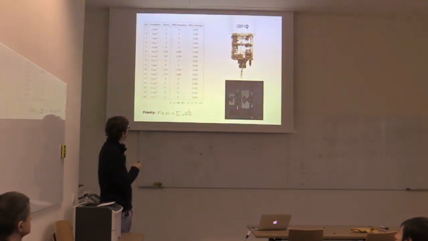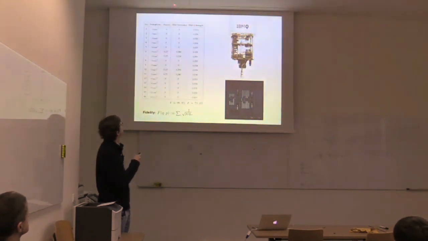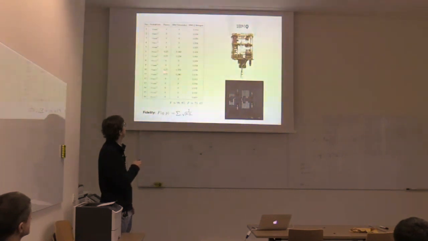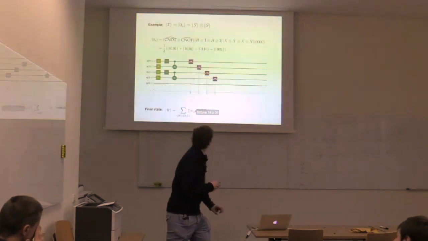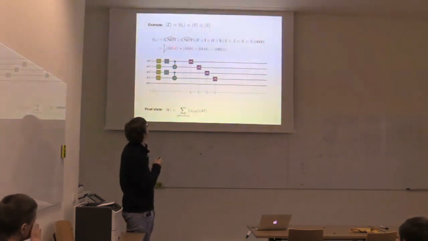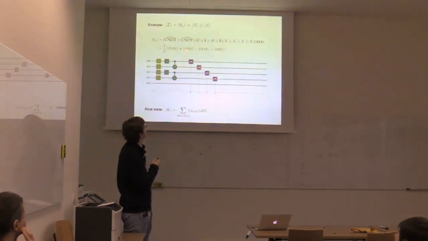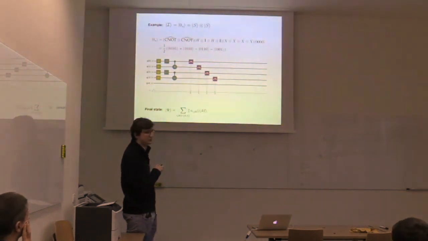These are the values of probabilities of the basis states, because what you are measuring in the computational basis are the probabilities of the basis states. Theoretically, we expect that there are contributions only from the 4 states, namely 0 1 0 0, 1 0 1 1, 0 1 0, this one and that one.